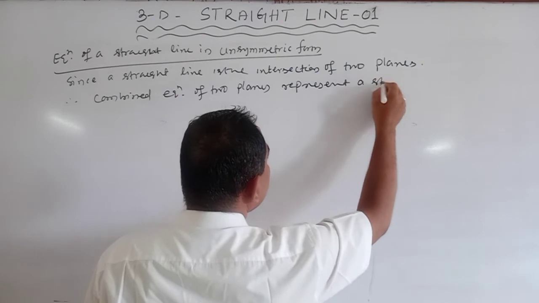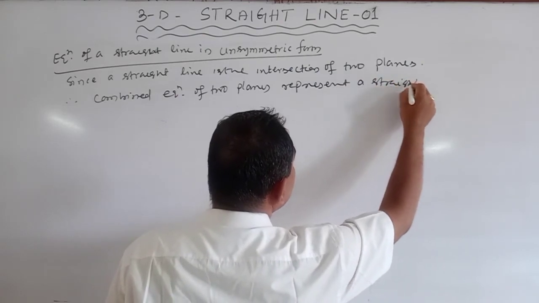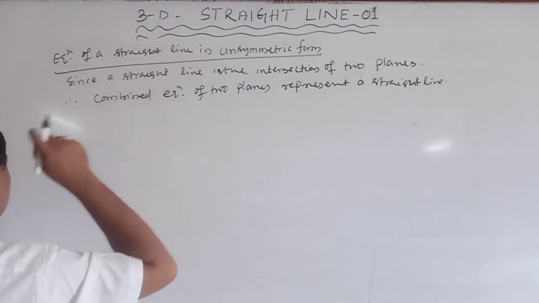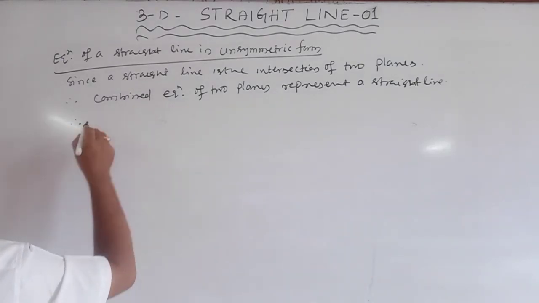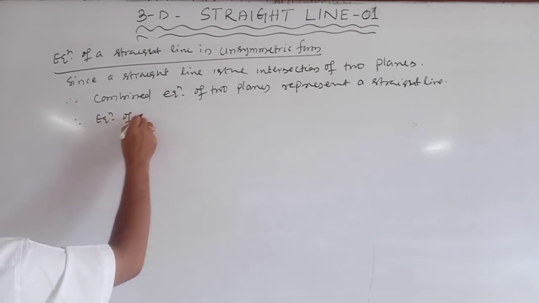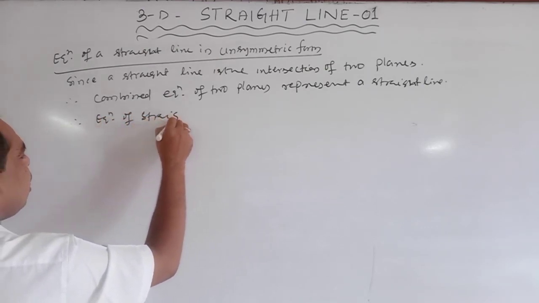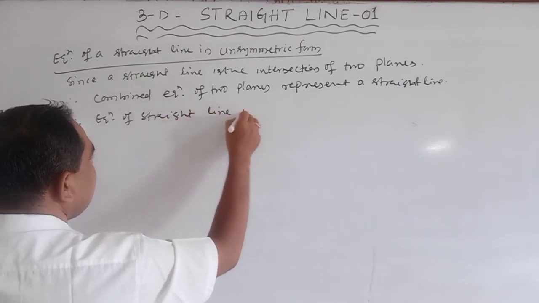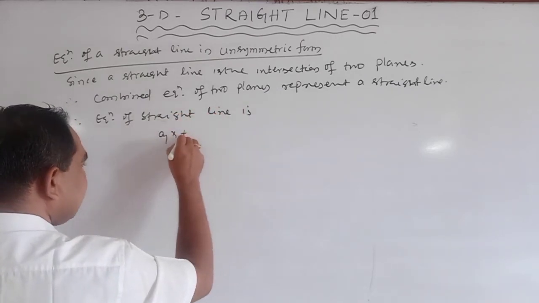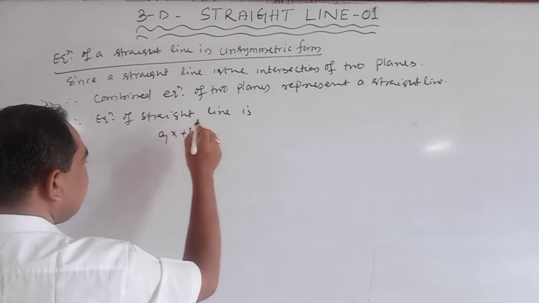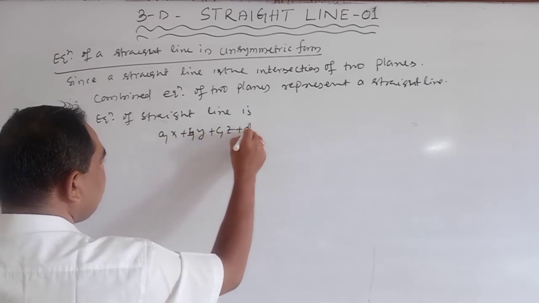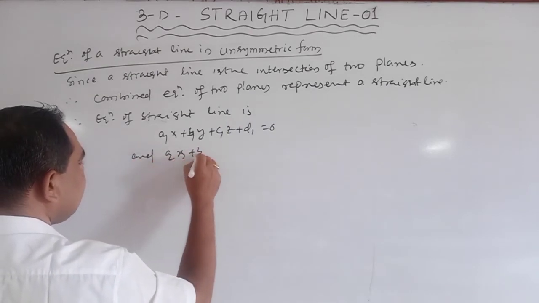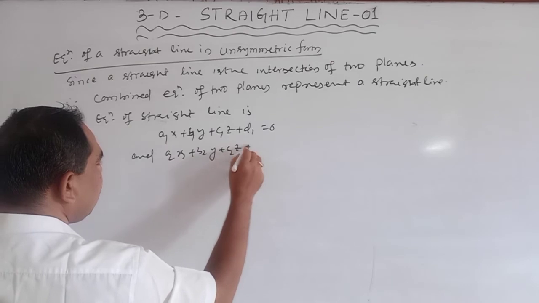That is, the equation of a straight line is a1x plus b1y plus c1z plus d1 is equal to 0 and a2x plus b2y plus c2z plus d2 is equal to 0.